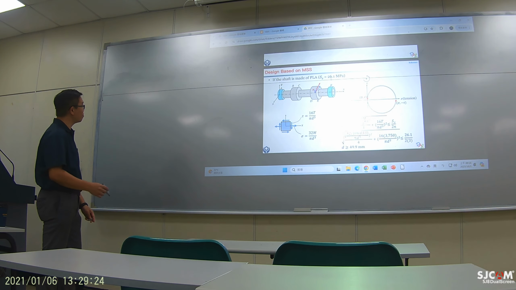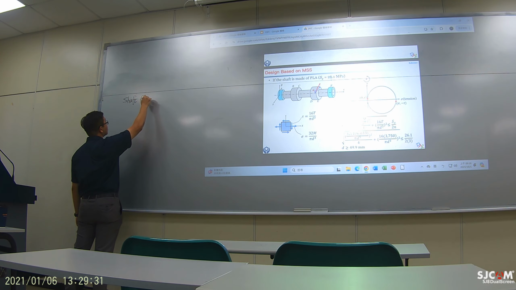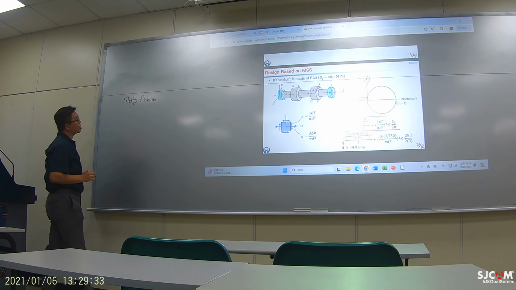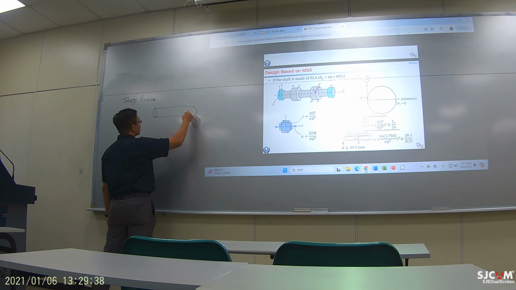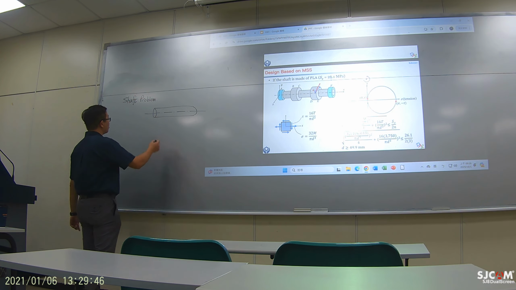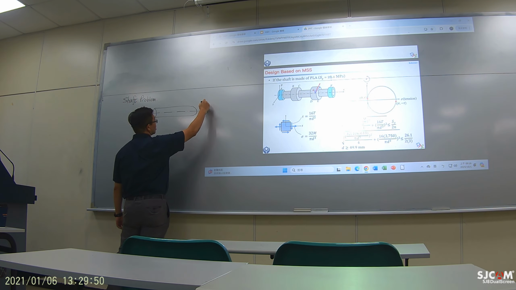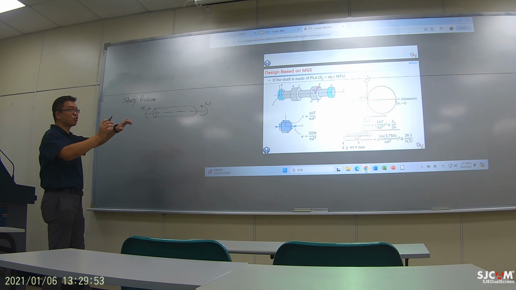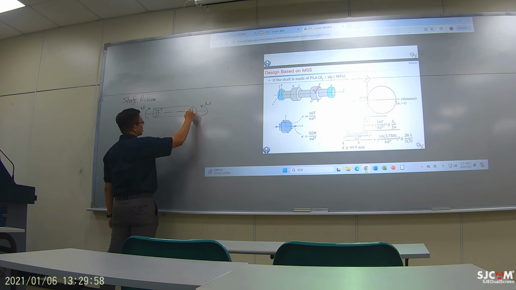So if you have a shaft problem, basically you have a cylinder, and the shaft could be carrying some kind of moment and also some kind of twist. And maybe the torque is like this, right?